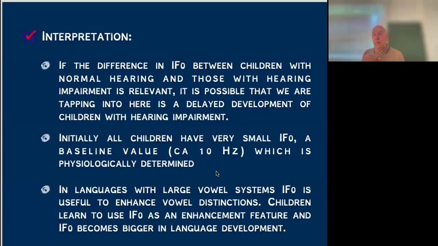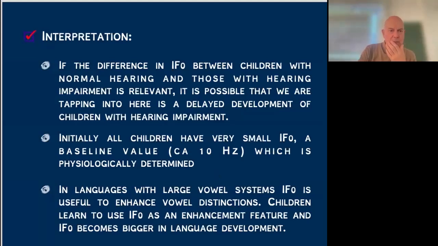And what we are trying to find evidence for is that possibly there is some baseline value that is physiologically determined, but as children's speech develops, they learn to use that to actually implement stronger vowel distinctions. And that's obviously particularly useful in languages with a crowded vowel system.